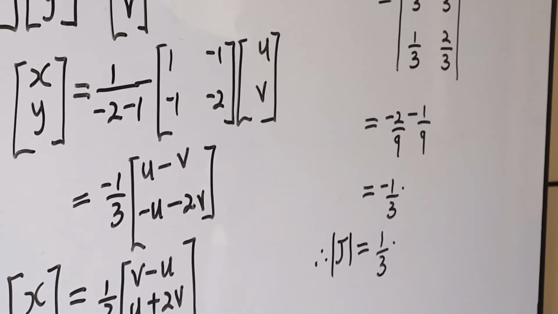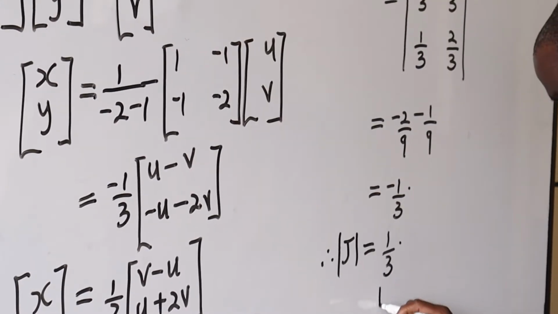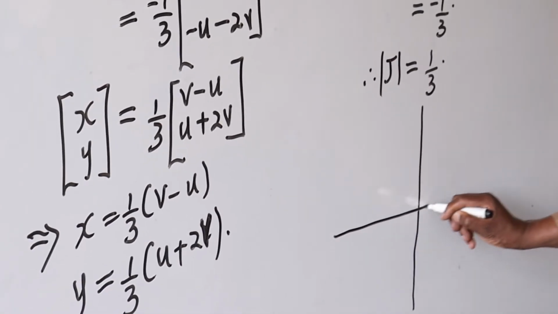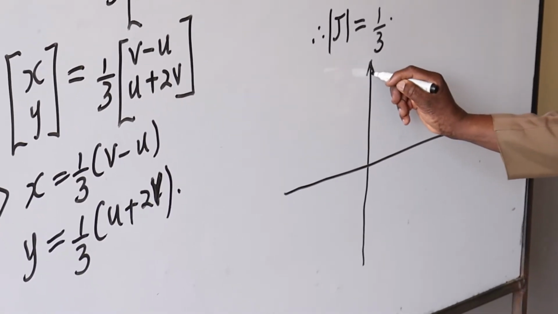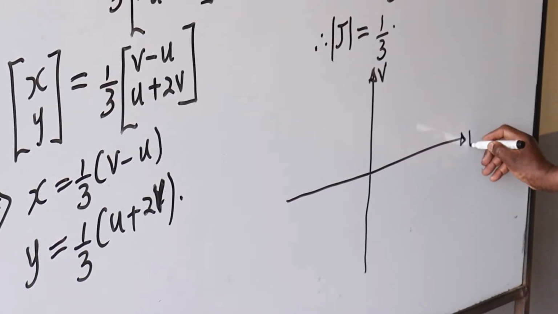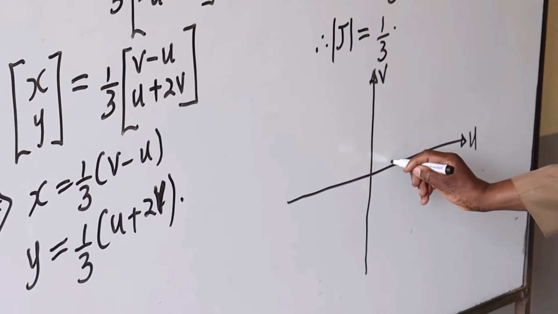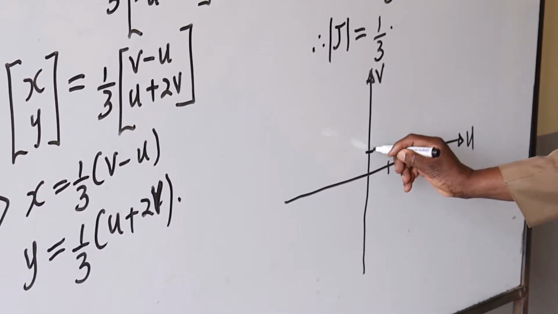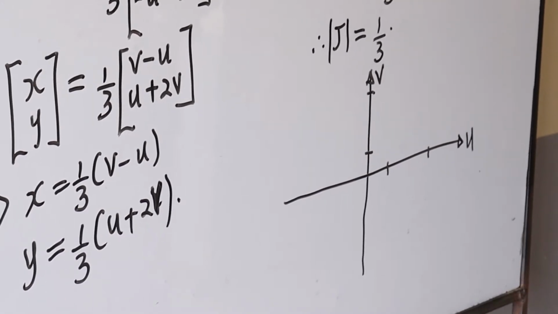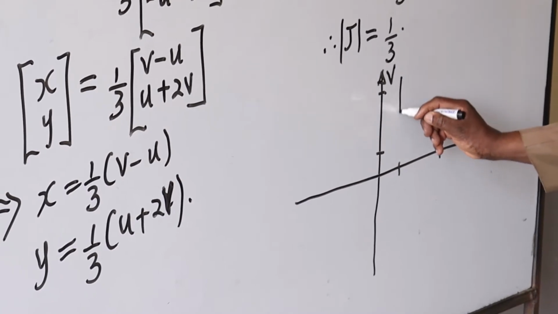Now from this, we need to draw our transformed region in our UV plane. This is V, this is U. So we have u equal to 1, that line.